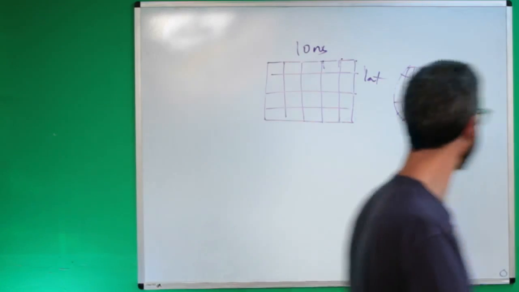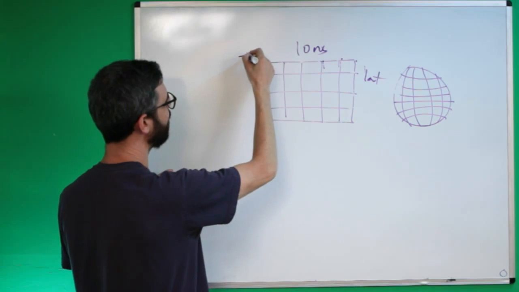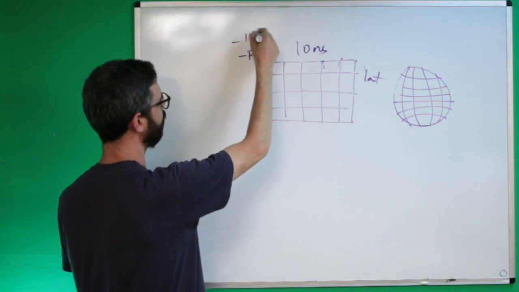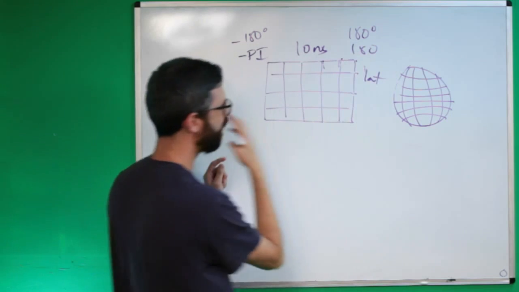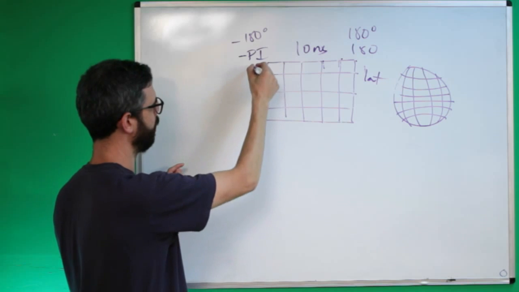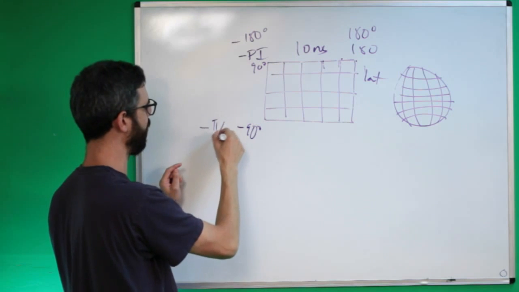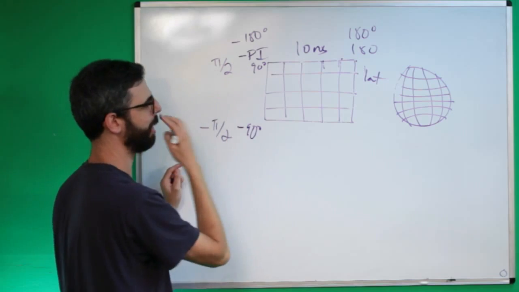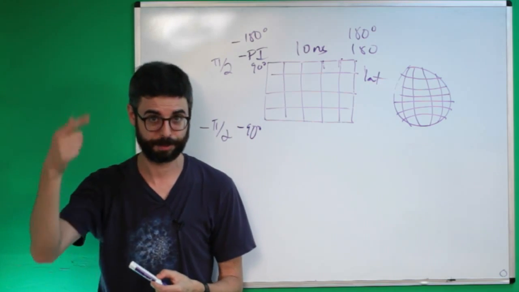Your longitude values go between negative pi or negative 180 degrees and 180 degrees. And then your latitude values go from negative 90 degrees to 90 degrees, or negative pi divided by 2 to pi divided by 2. So what I need to establish is a loop.